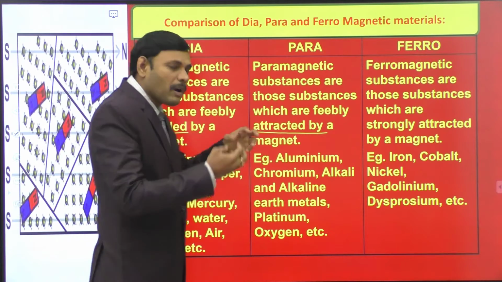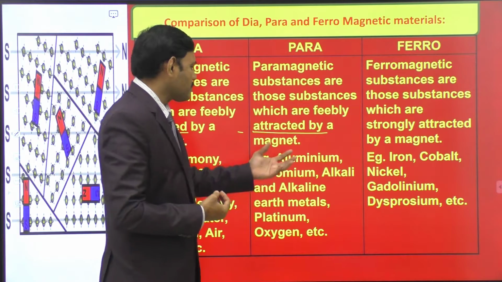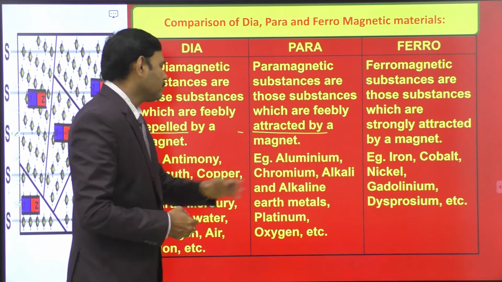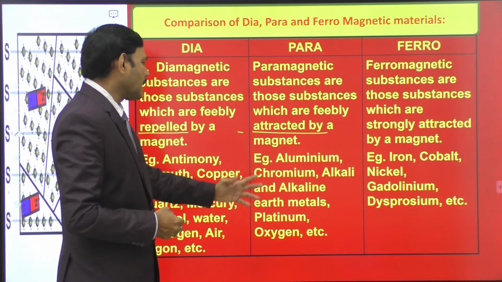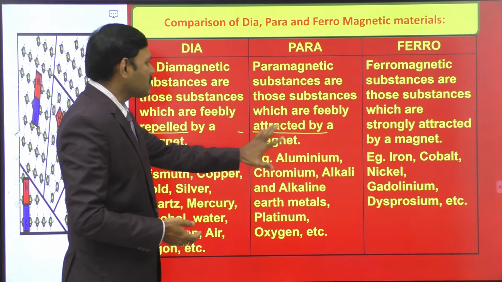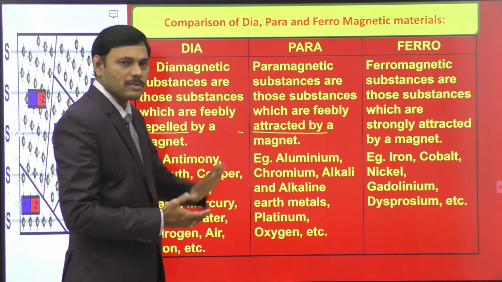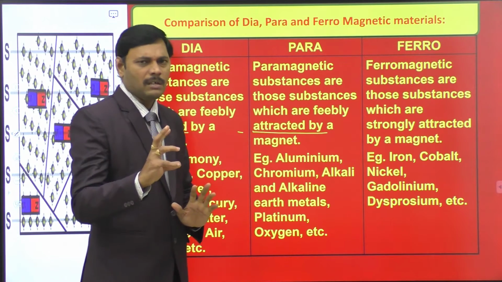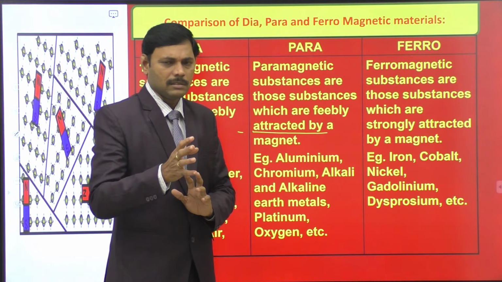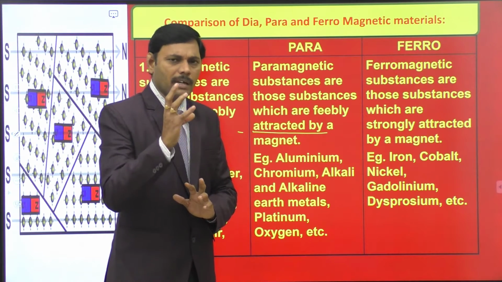Now substances feebly, lightly attracted by a magnet are known as paramagnetic substances. Aluminum, chromium, alkali and alkaline earth metals, platinum, oxygen, etc. belong to paramagnetic substances. Substances which are feebly attracted by a magnet are paramagnetic substances.